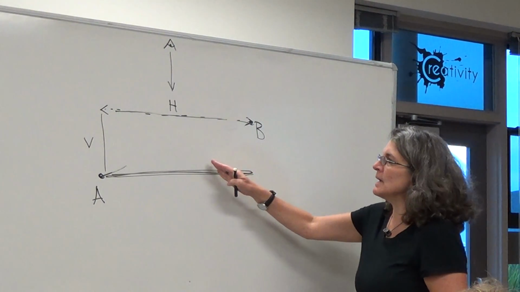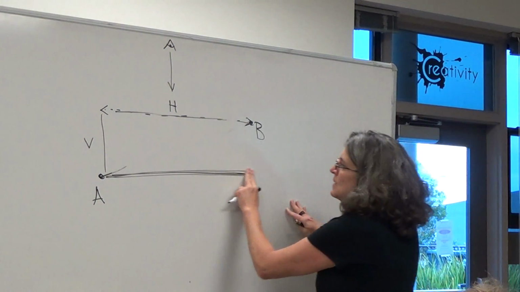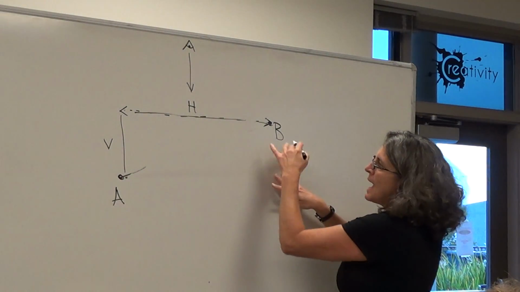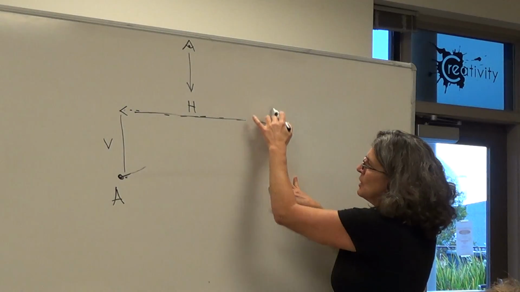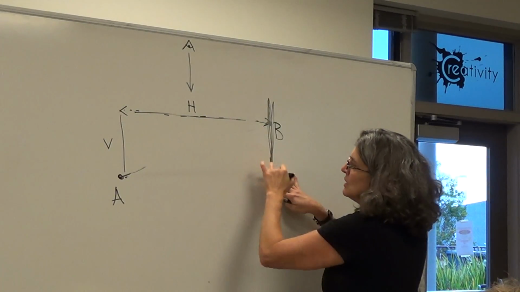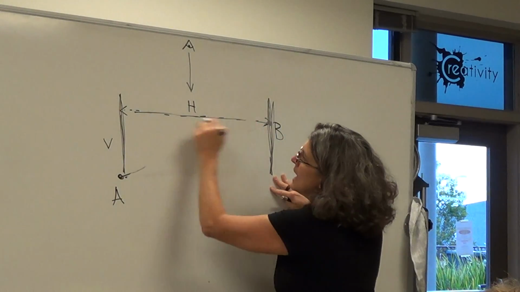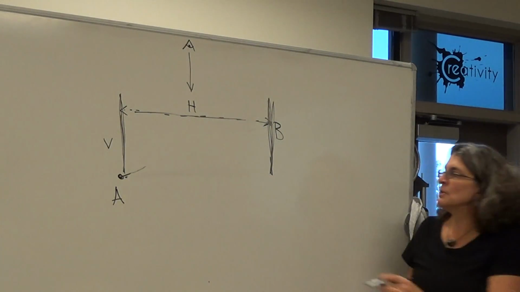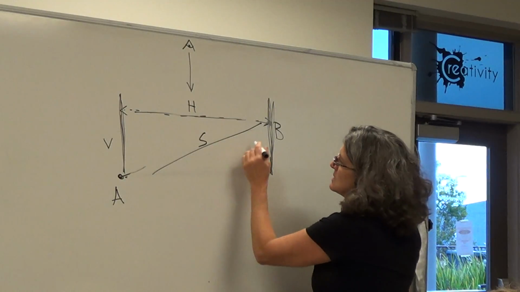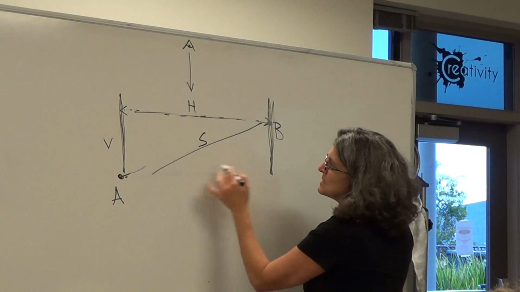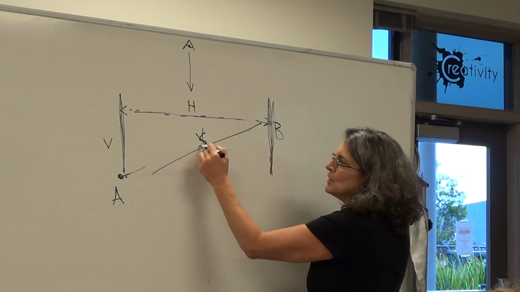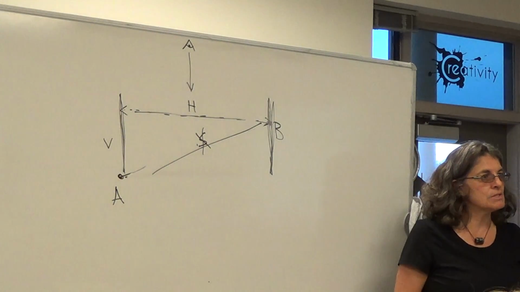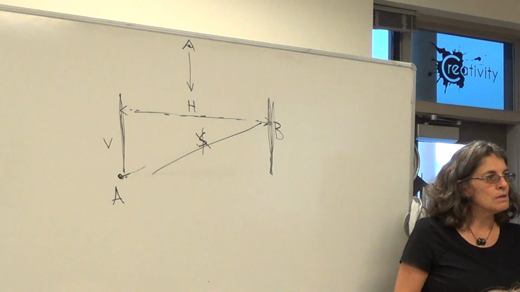So if somebody wants to put a house somewhere, they might do some grading and level it off. B is still along this line and A is still along this line, and the horizontal distance stays the same. But the slope distance used to be this, and now there's no slope distance. So this is not a good distance to ever use. You always want to use the horizontal distance. Does that make sense? Okay.